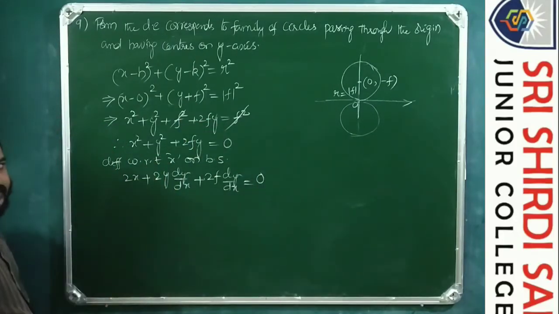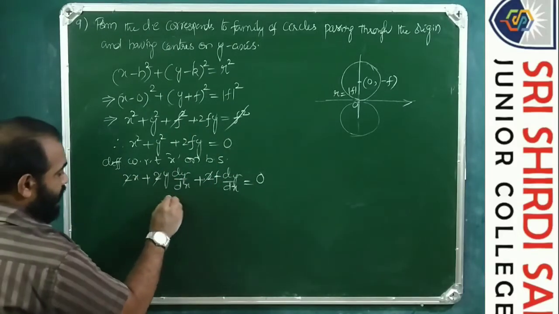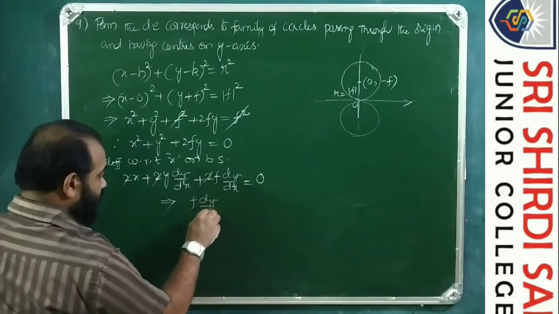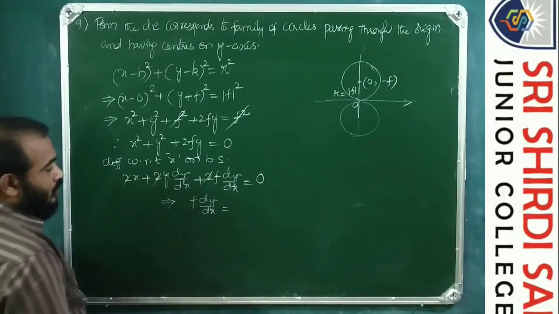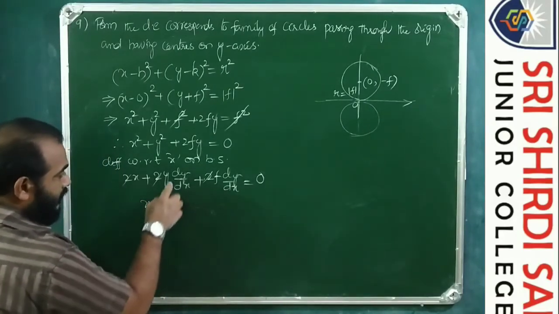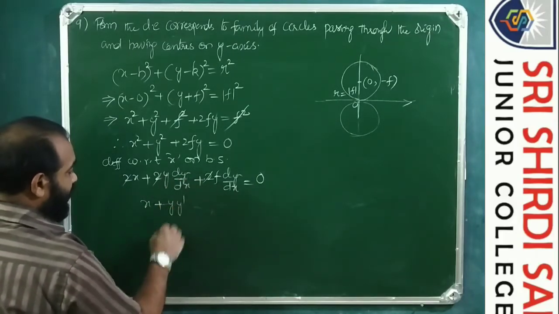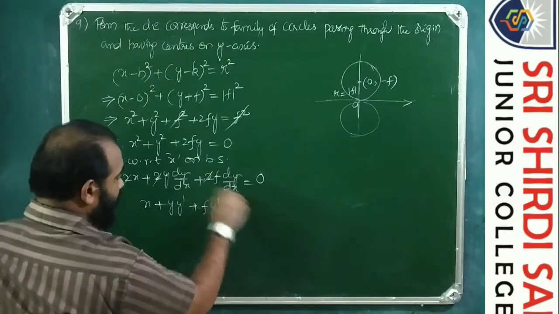So 2 cancels throughout the equation, so this can be written as x + y y' + f y' = 0.